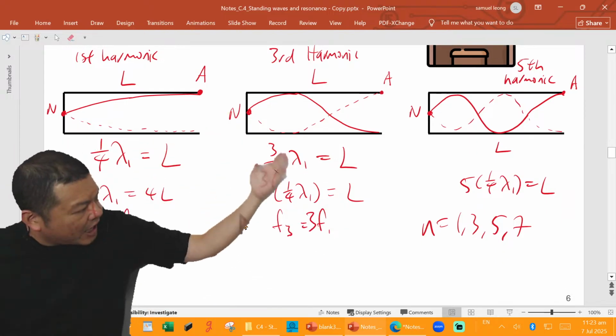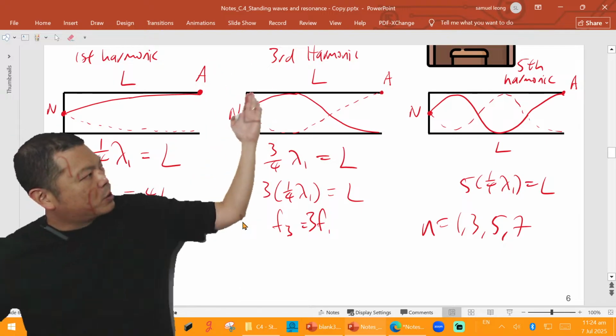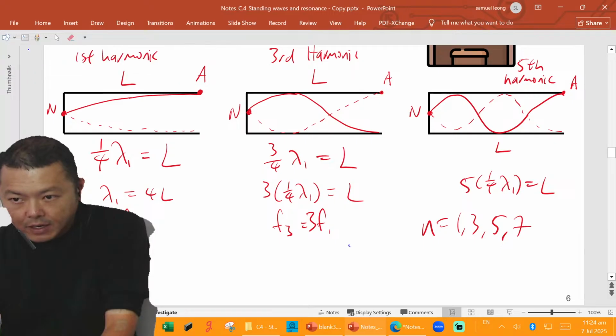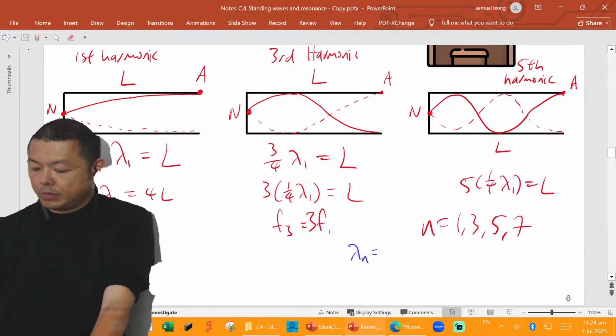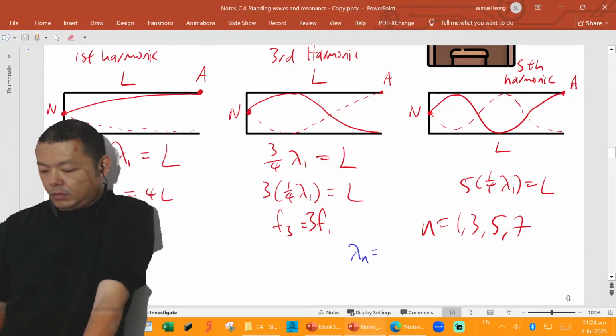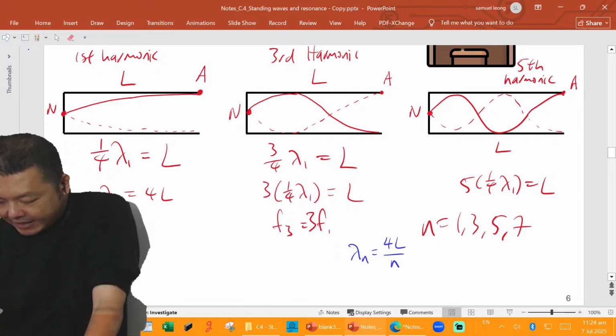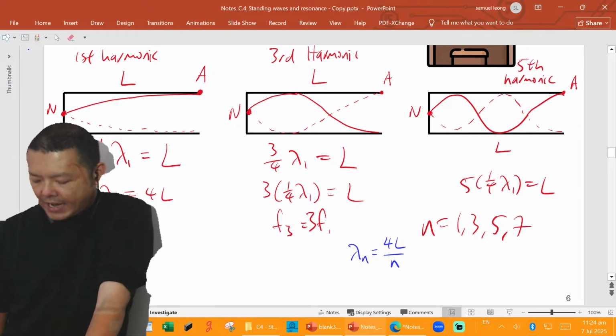So what's the general formula for one end closed, one end open? I want a general formula. So we have lambda n equals 4L over n.